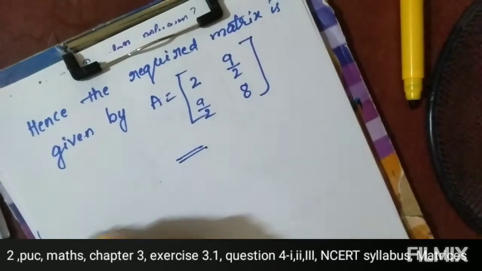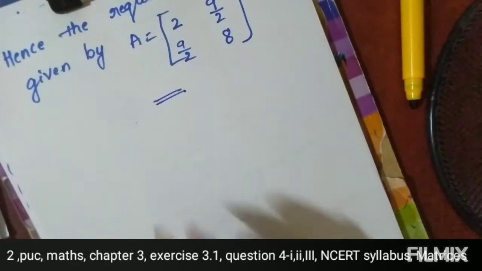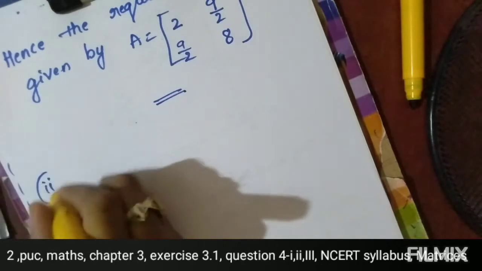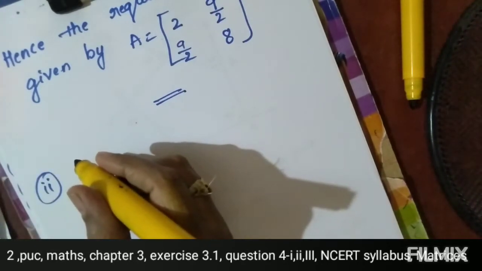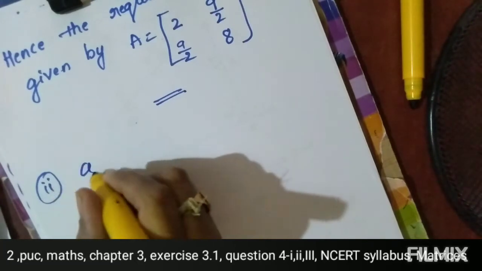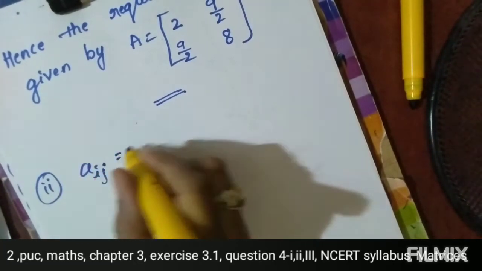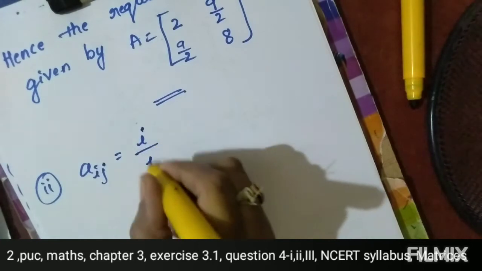Okay, and then we write the second question. aij is equal to i by j.